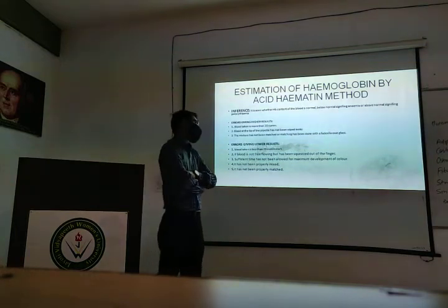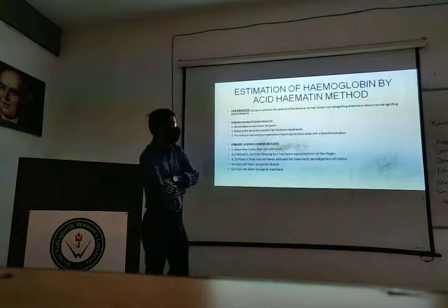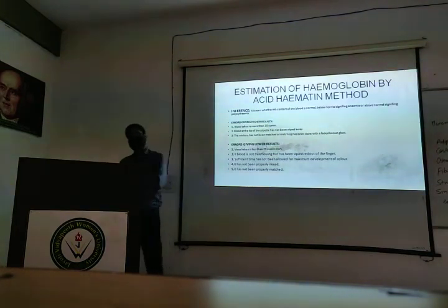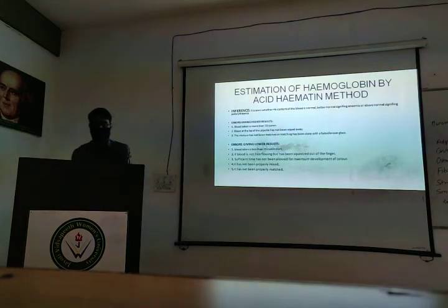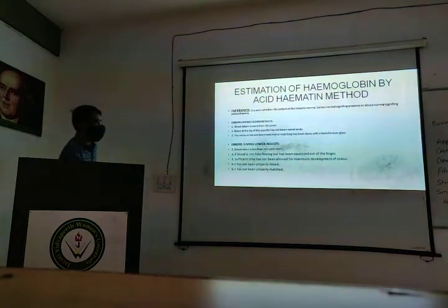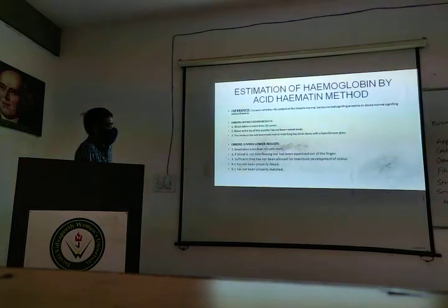Sufficient time has not been allowed for maximum development of color. If we do the hemoglobin experiment very fast, the proper time has not been given for the color to develop, and a faded color may develop, causing lower results.